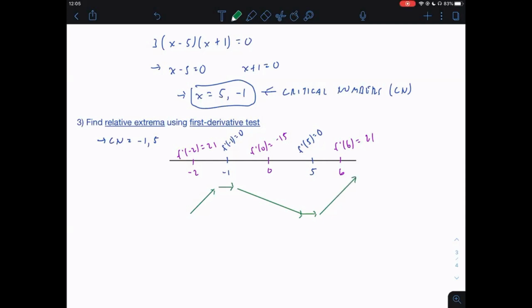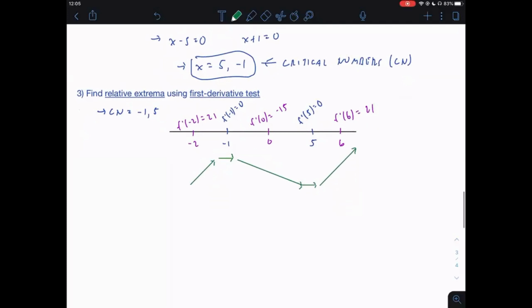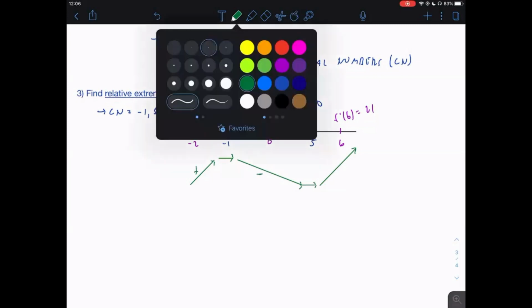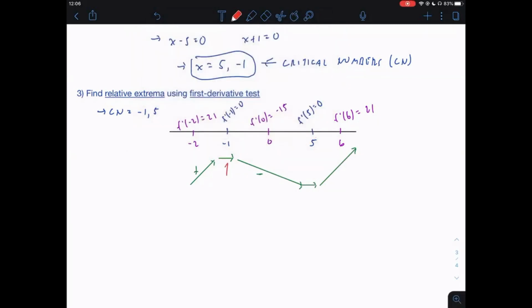All right. So what does this tell us about our function, about the relative extrema? Well, since at this first critical number our function was increasing, meaning our slope was positive before it zeroed out and then became negative, that means that at this first critical number, where it zeroed out, we have a relative maximum.